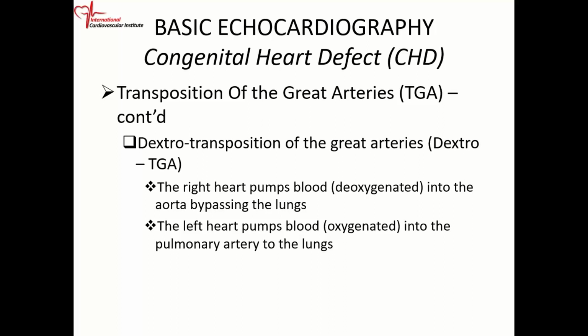So instead of the right ventricle pumping blood into the pulmonary circuit, the right ventricle is going to pump blood into the aorta. And instead of the left ventricle pumping blood into the aorta, the left ventricle is going to pump blood into the pulmonary circuit.